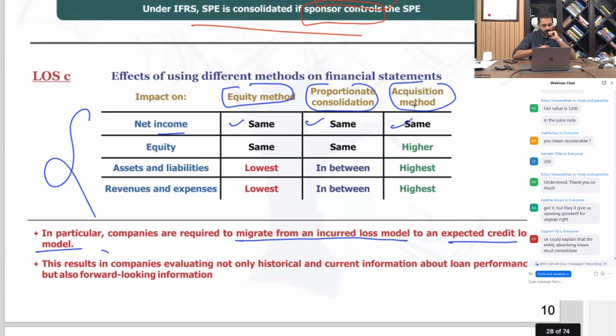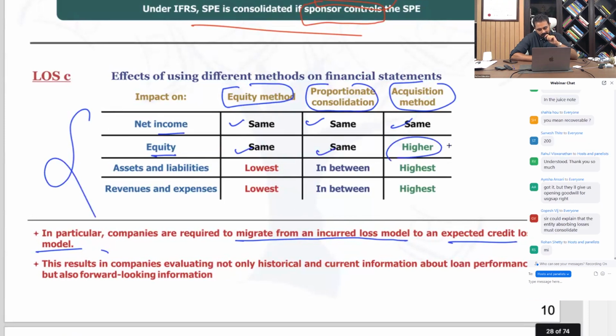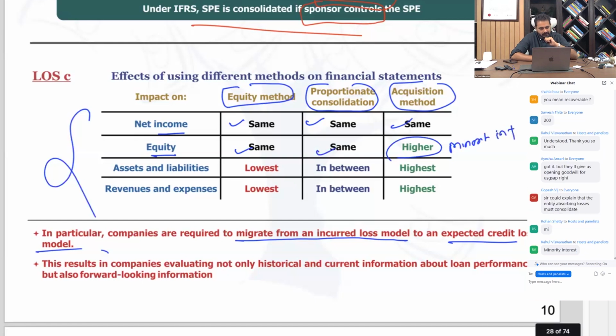And the final net income turns out to be same. Equity, same, higher. Why? Why acquisition? Correct. Minority interest. Good pick. Assets and liability, highest, lowest, in between. Revenues and expenses, highest, lowest, in between.